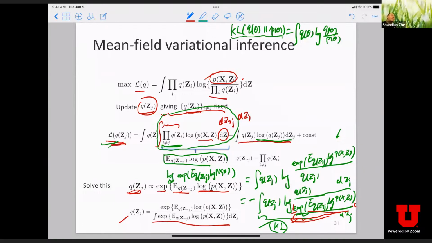Then you take the exponential and normalize it. You get the Q(Z_j) update. Then you switch to another Q(Z_j) and do the same thing, cyclically until convergence. Any questions so far?